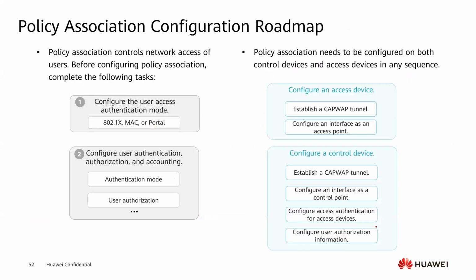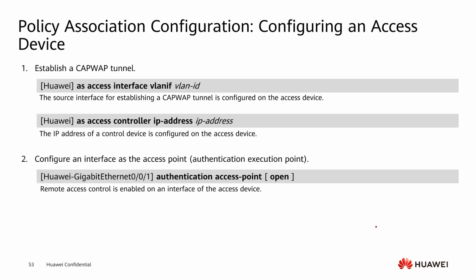And for how to configure the policy association, first you need to configure the authentication, and then you need to configure the access devices and the control devices. For the access devices, you need to select the specific interface to establish the web terminal, and then configure the specific interface as the access point.